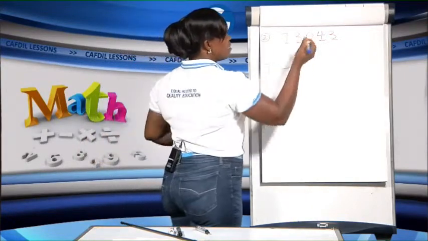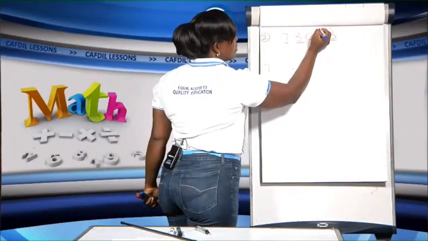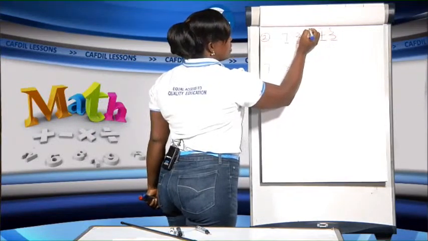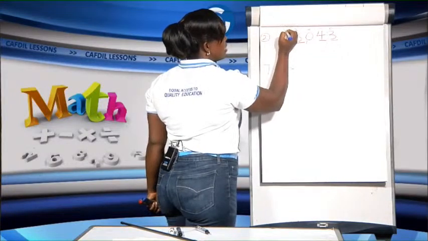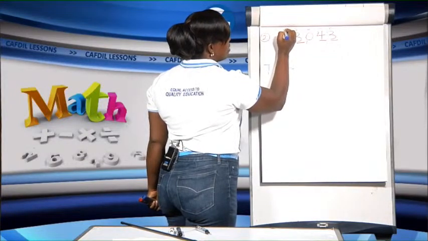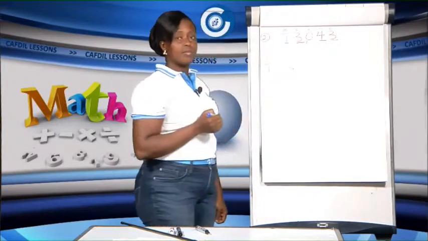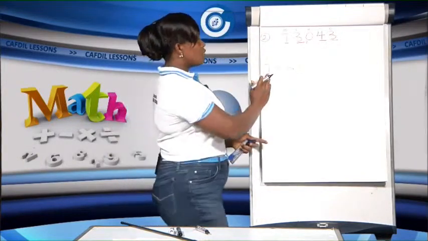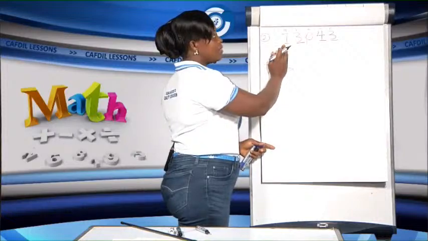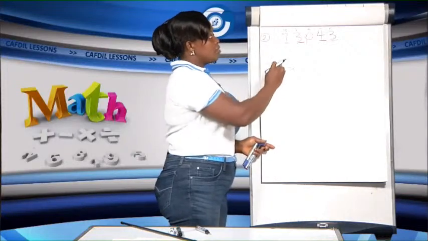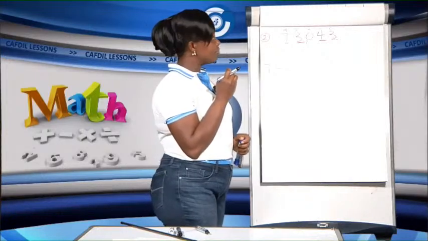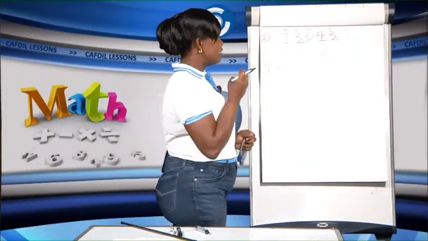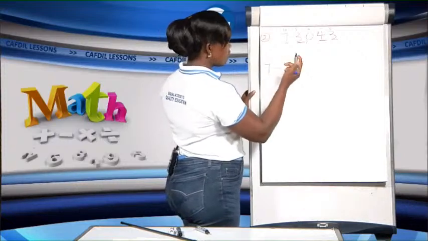So you can write, you have our ones, tens, hundreds, thousands, and then 10,000. So this 7 is under 10,000s. So 7 of the 10,000s will give us 70 thousand.